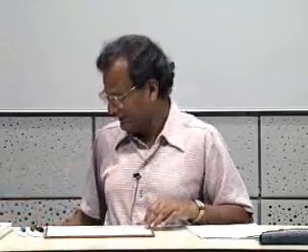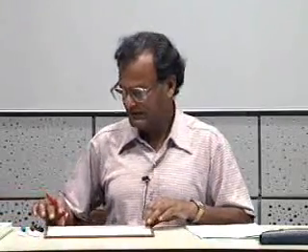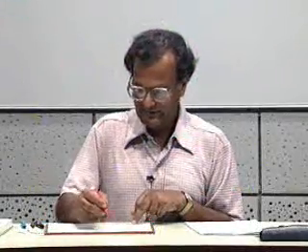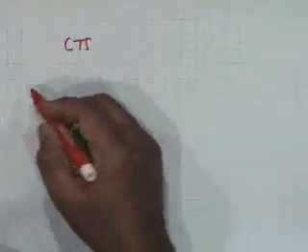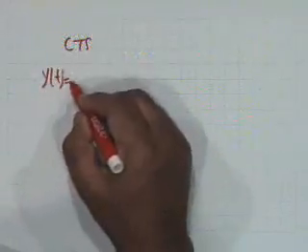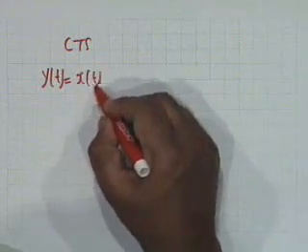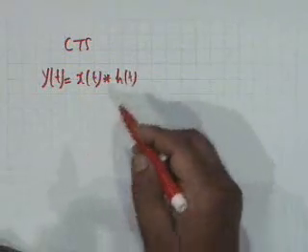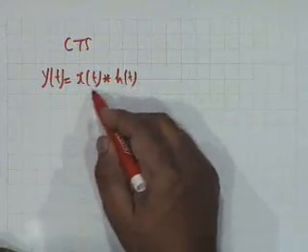There is just one more thing one needs to do before we go into the further consideration of the periodic signal, and that is the following. You recall that in the continuous time case, y of t is the convolution x of t star h of t, where in terms of a system, h of t is the impulse response, x of t is the input and y of t is the output.